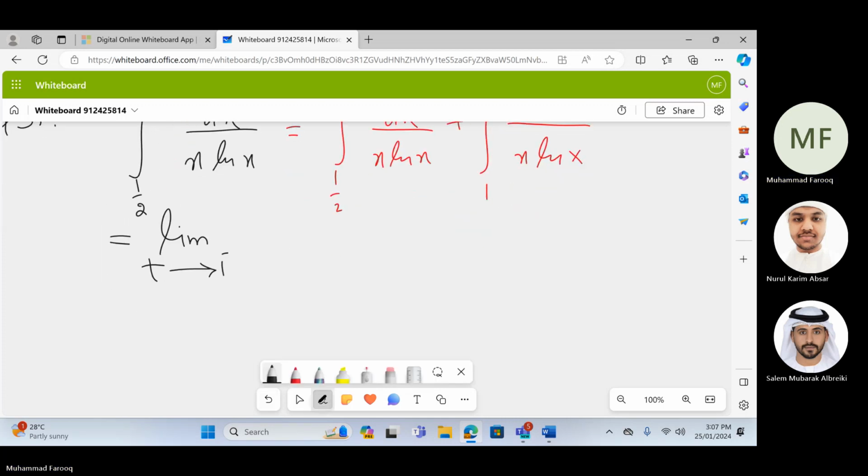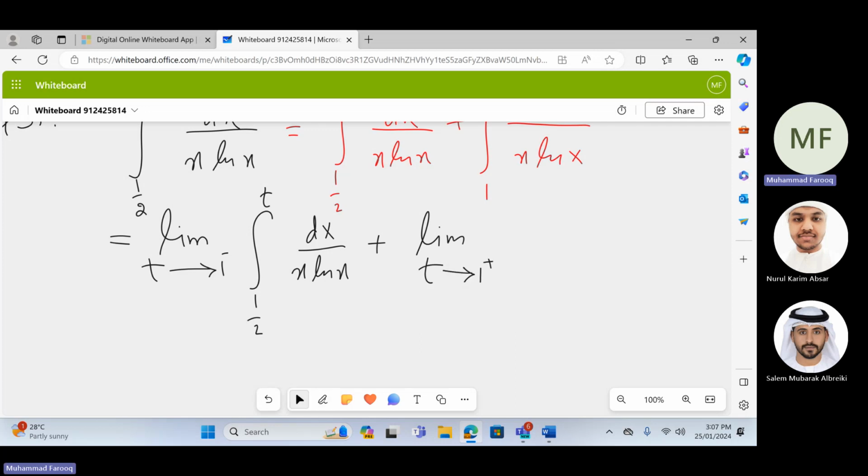So integrate from half to t. Now the problem point is replaced by t. And now plus, dx over x ln x. Again limit t approaches one, from which side? Right side. Why?